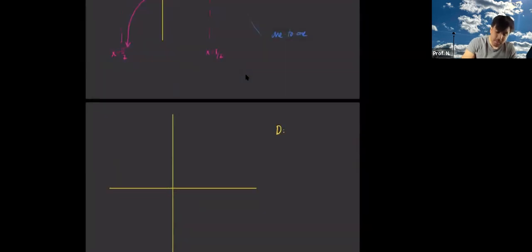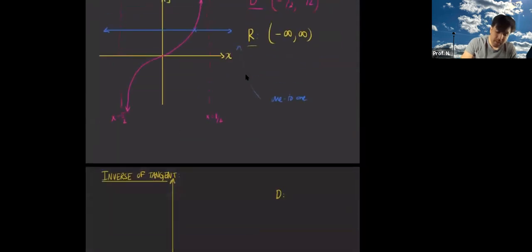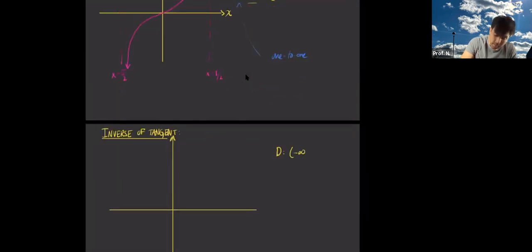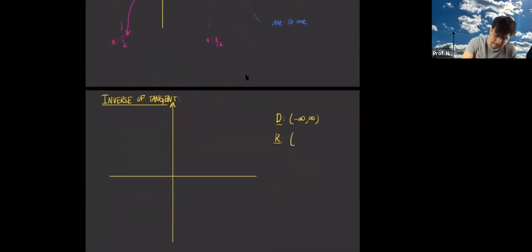My domain here would be, and let me just say that this is the inverse of tangent. That's what we're dealing with, the inverse of tangent. So my domain here is negative infinity to infinity. What's my range? Negative pi over 2 to pi over 2.